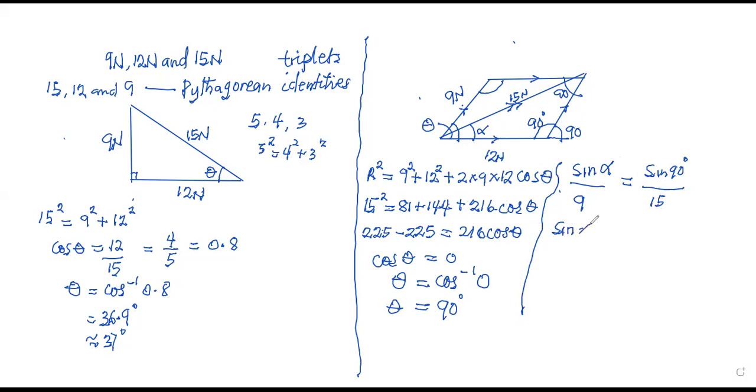Sine of alpha is 9 over 15, since sine 90 is equal to 1. Therefore, we have 3 over 5. 3 over 5 is equal to 0.6, isn't it?